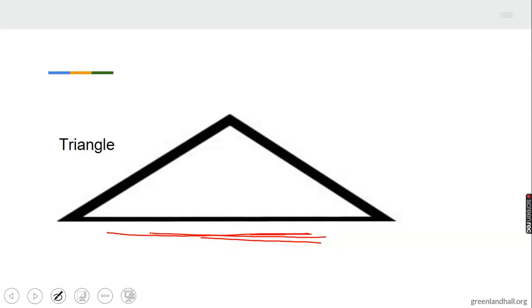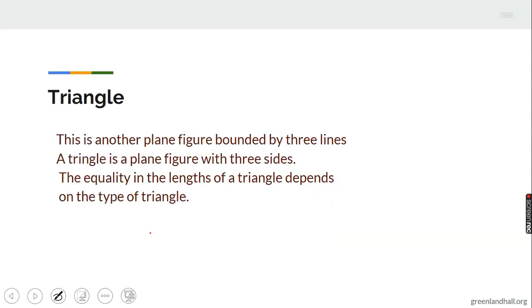From the word tri, tri means 3. So that means this is another plane figure bounded by 3 lines. And the equality in the length of a triangle, equality means equal, depends on the type of triangle.